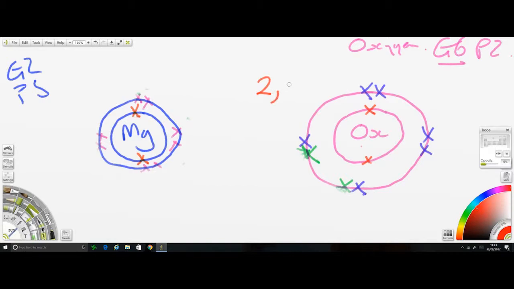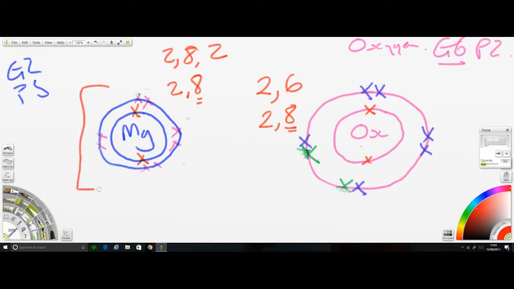So initially, to begin with, it had an electron shell of 2 6, so 2 in the first, 6 in the last one. Now it has 2 8. This one to begin with had 2 in the first, 8 in the next, and 2 in the last. And this has now become 2 8, so it now has a full outer shell, as you can see here. And this one also now has a full outer shell.